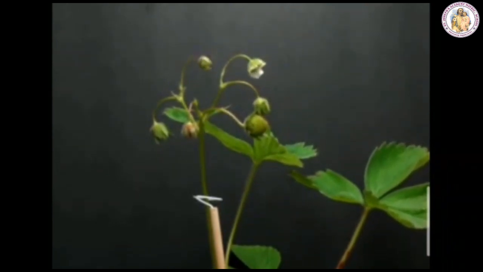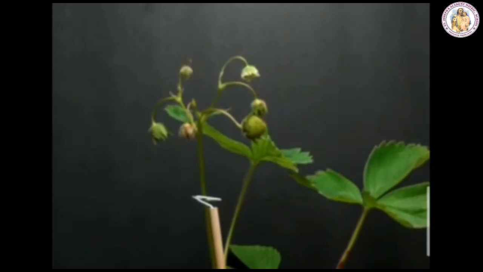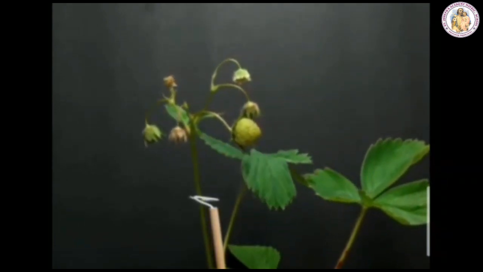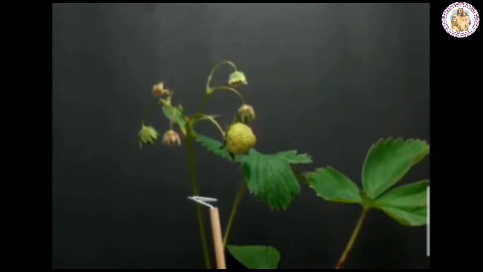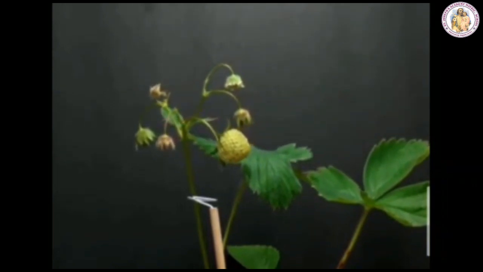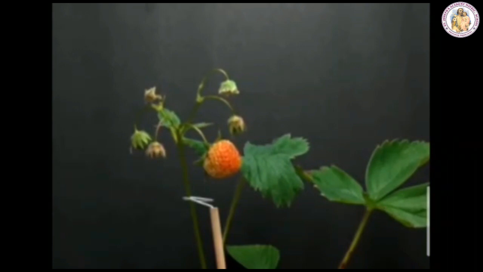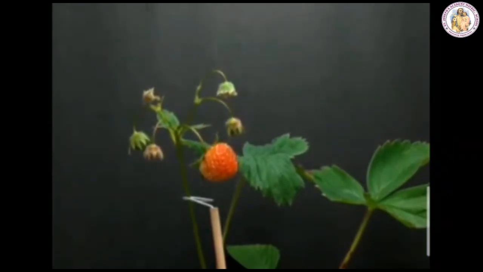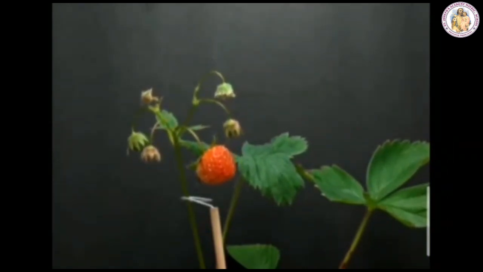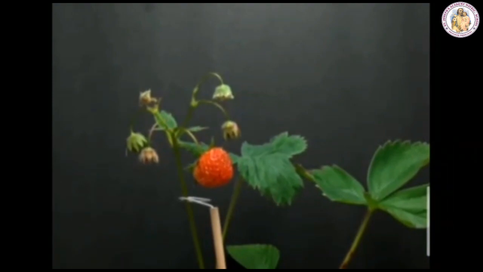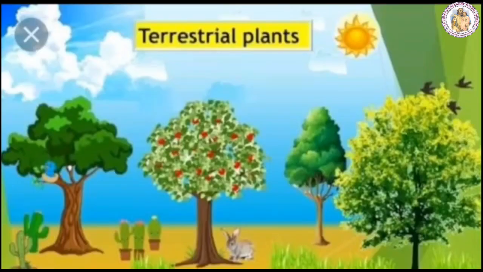The natural home of a plant is called its habitat. Plants make suitable adjustment with their surroundings to meet their requirements. This is known as adaptation. Now, let's study about terrestrial or land plants.